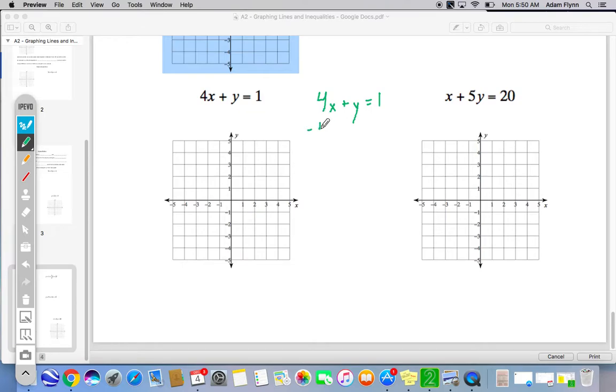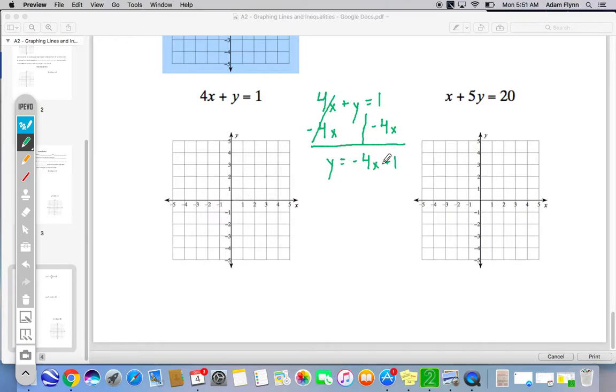If I subtract 4x, I can get y by itself. So the 4x's cancel. I'm left with y equals negative 4x plus 1. Okay, so now that this is in slope-intercept form, I know I can graph this.